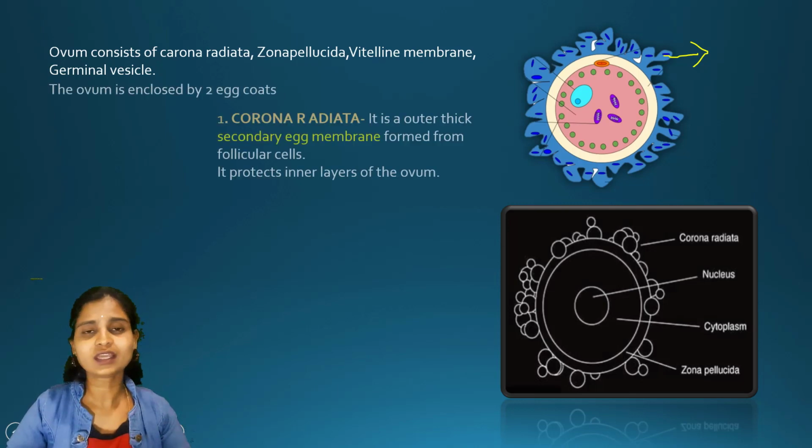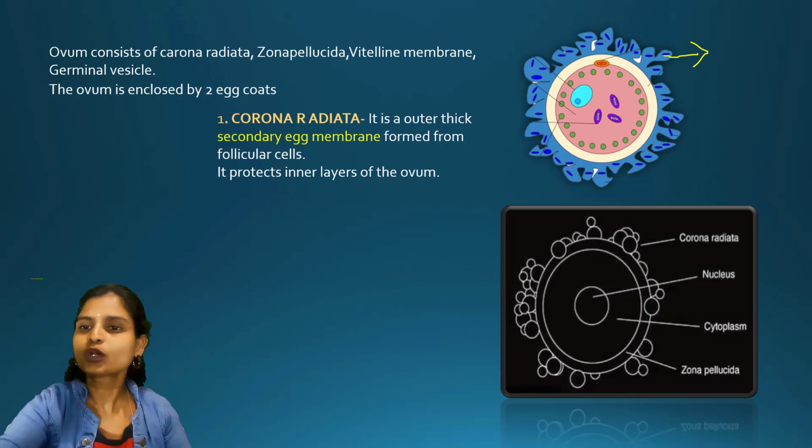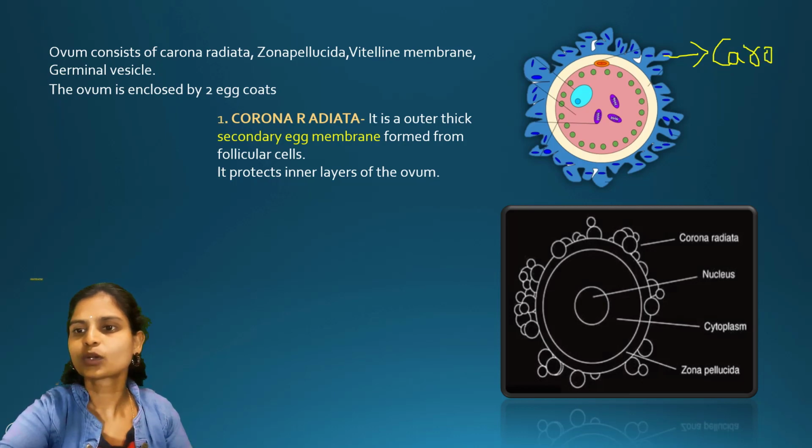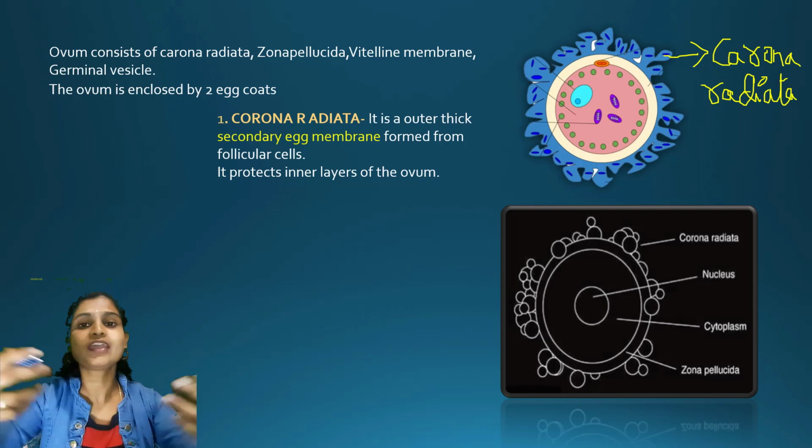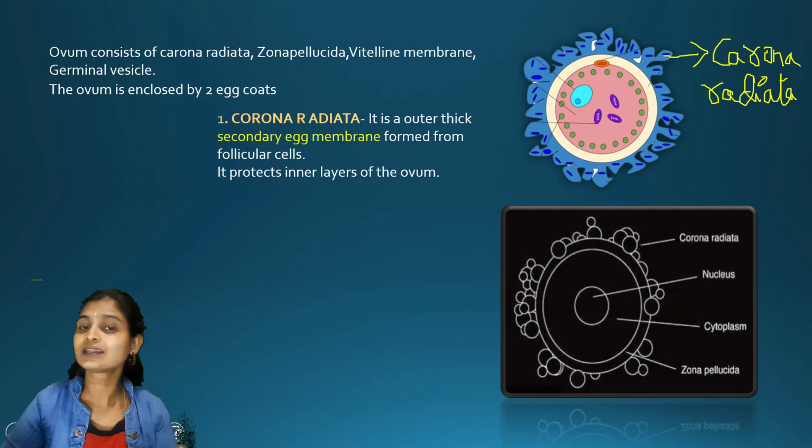There are two egg coats present. The outermost is called the corona radiata. The name itself indicates that the corona radiata cells are radiating outside, hence the name.